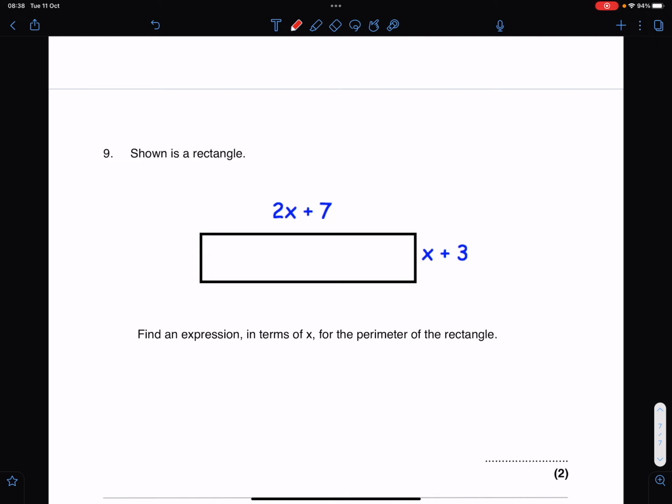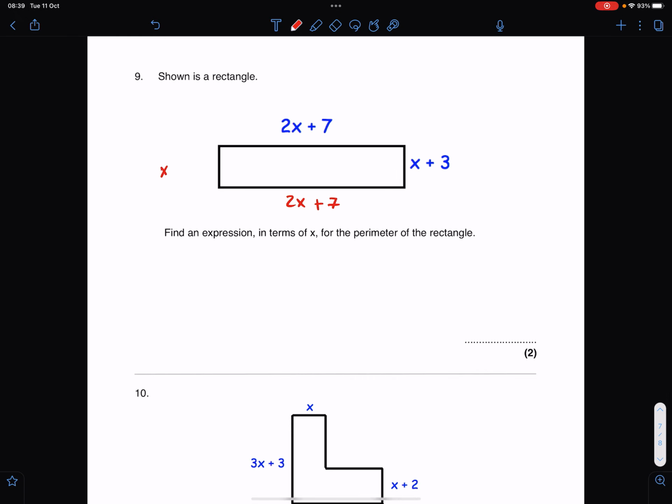Okay, so the last two more questions, we are going to write down the perimeter of this rectangle. To find out the perimeter of this rectangle, we need to add up all sides, but we need to remember on the rectangle, opposite sides going to be what? Same. So since this is opposite to this, going to be the same as this, x plus 3 on the other side.